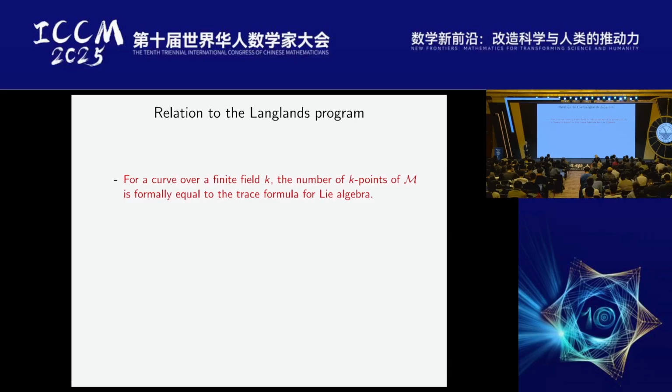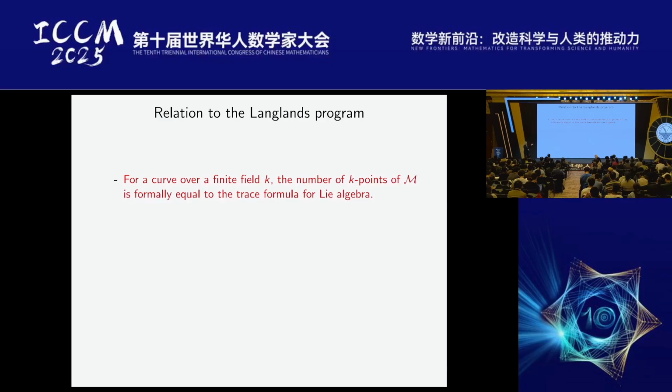Now we do the same kind of exercise, but instead of counting vector bundles, we count Higgs bundles, that is, vector bundles with a Higgs field. This is a non-obvious question to ask, but when you ask it, it is actually very easy to do. The answer is complicated, but there's no difficulty in solving that problem.